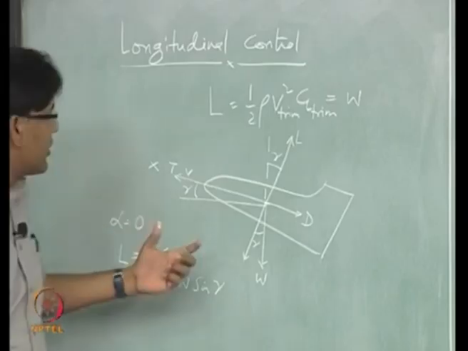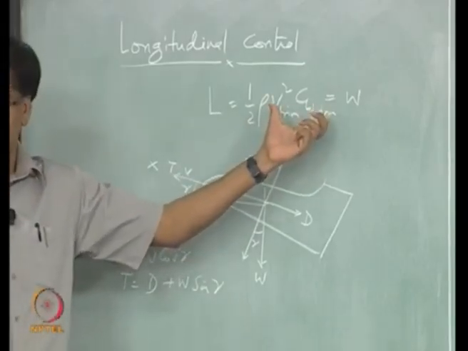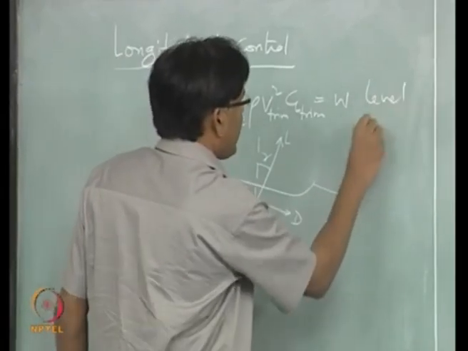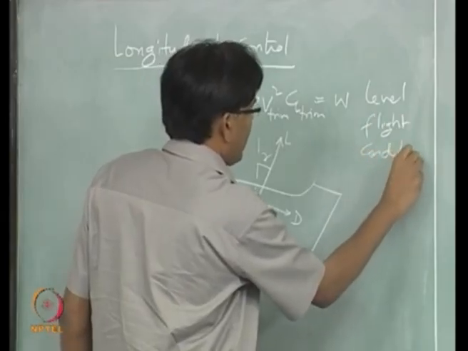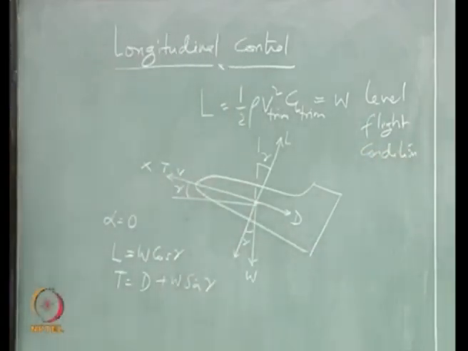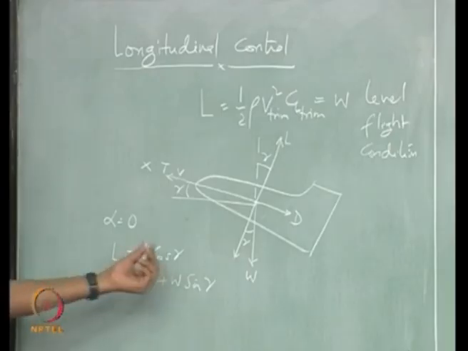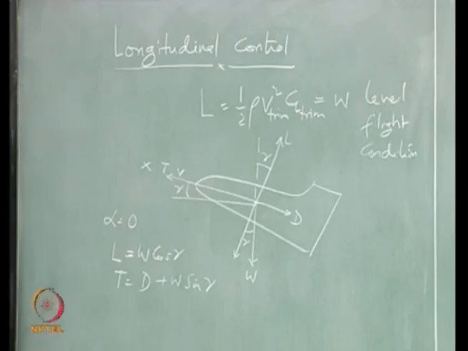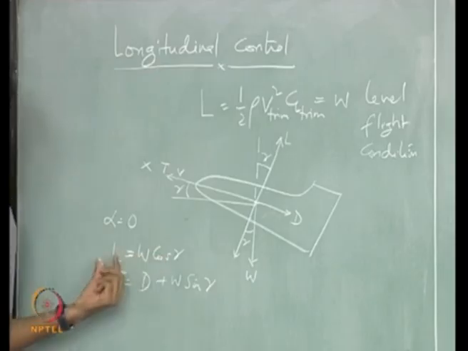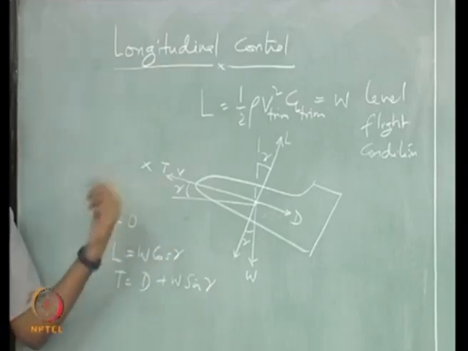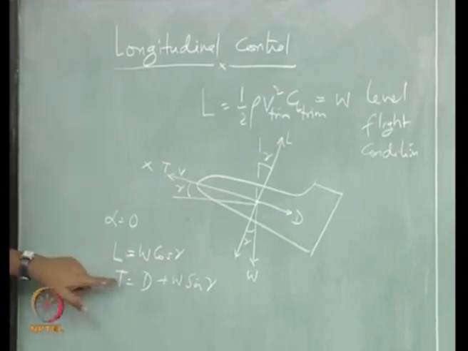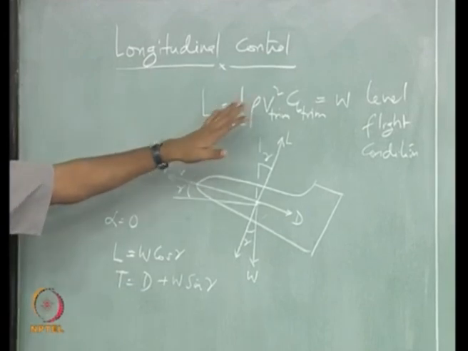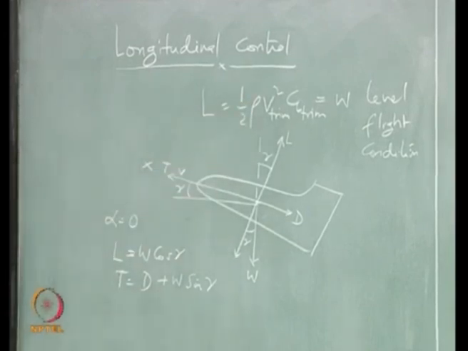We are trying to, this is the level flight condition, okay. So if this gamma is a constant, then it's a steady climb, right. I have to balance this lift. This lift has to be at least equal to this, right, to fly this condition. Now one case of this is when gamma is 0, a straight and level flight condition.